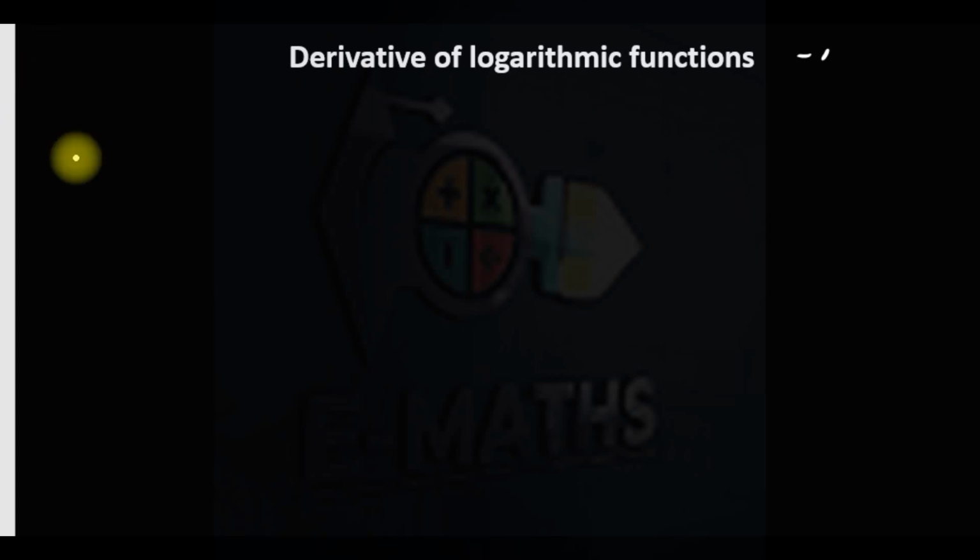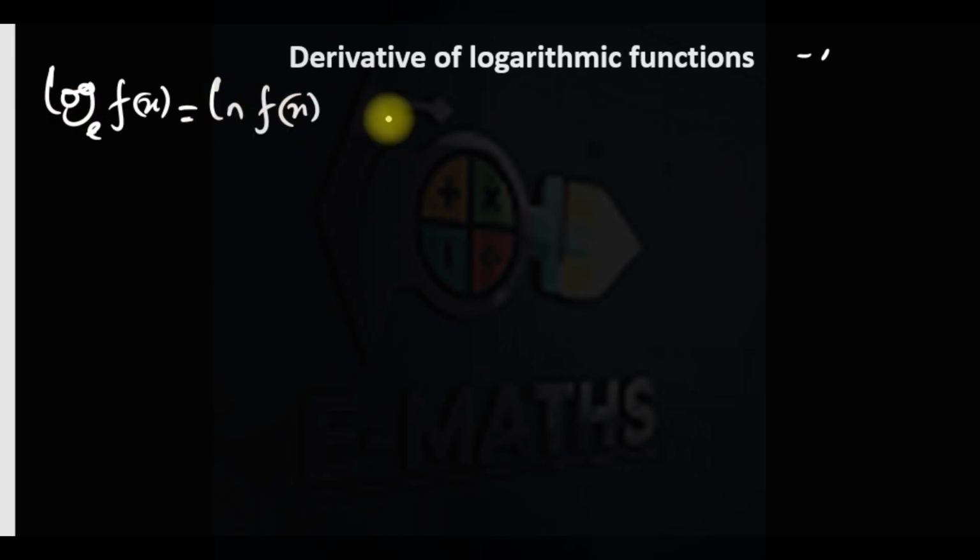So we normally write natural log as log to base e, or we'll write it as ln f(x). Whenever you see log to base e, it means ln. That's logarithmus naturalis, the Latin name.